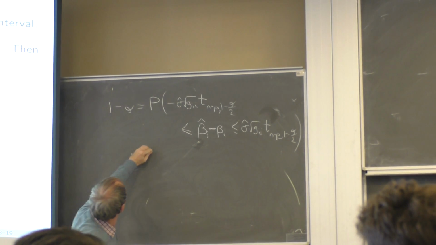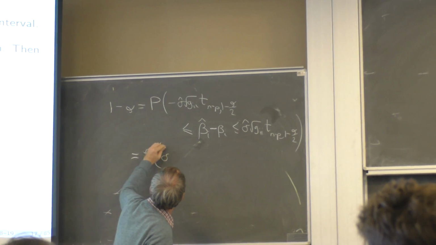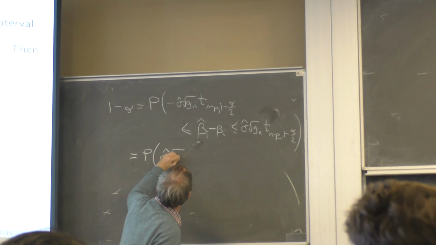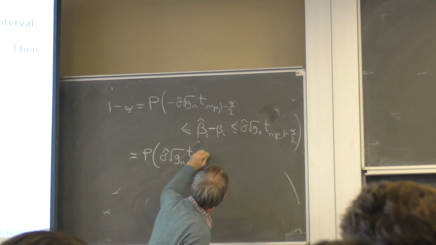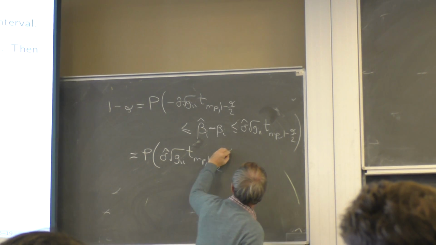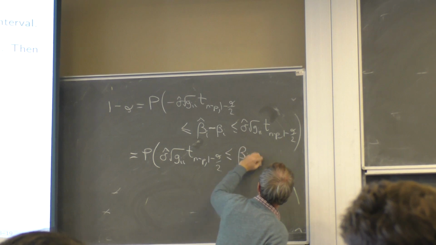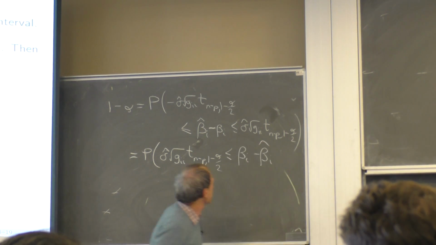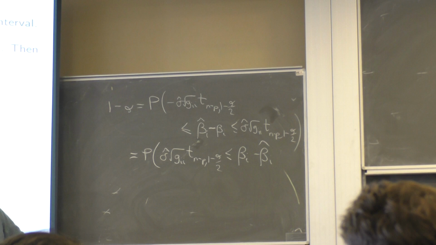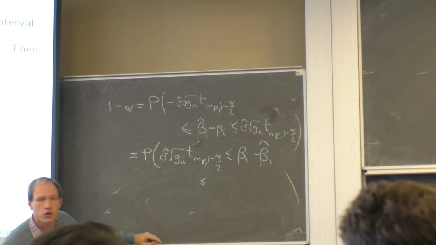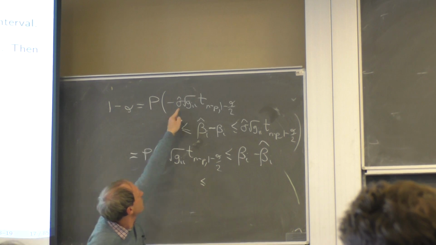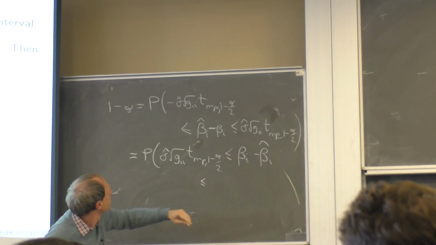So that's actually the same thing as the probability that beta i minus beta i hat, so minus what we had here, is between the same two things, just because this is minus this.